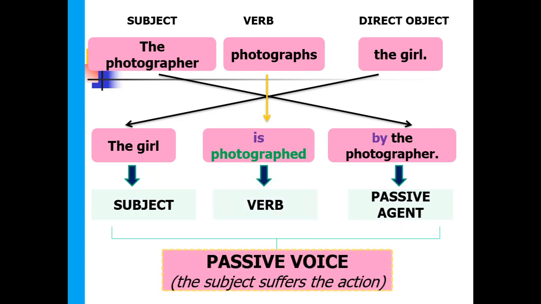This structure, the girl is photographed by the photographer, where the girl performs the function of the subject, is photographed is the verb, and by the photographer performs the function of a passive agent, is expressed by passive voice, where the subject suffers the action.